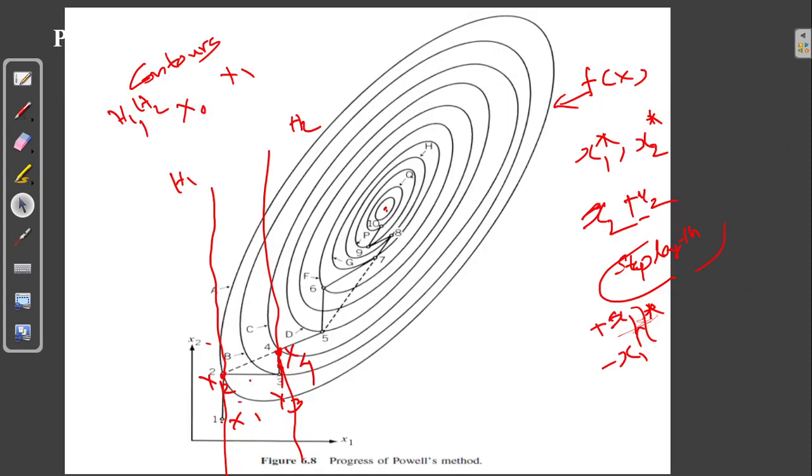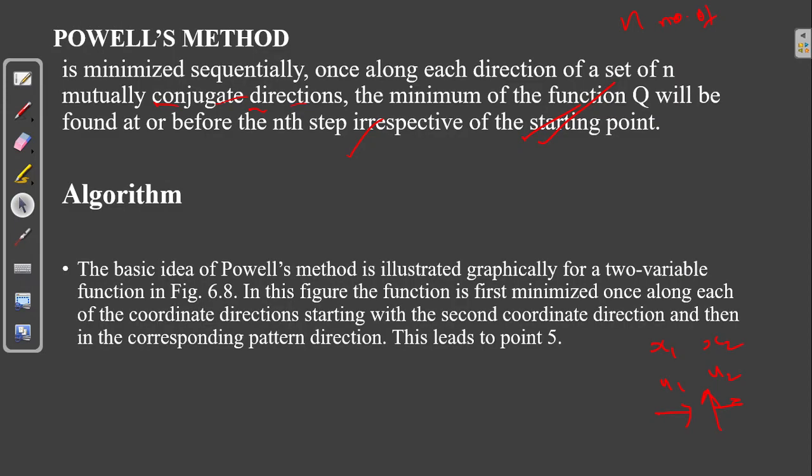So that means the line joining x2 and x4, that is this, will be our conjugate direction, which is also known as the first pattern direction, denoted as sp1. Okay, so we found the first pattern direction or the first conjugate direction.